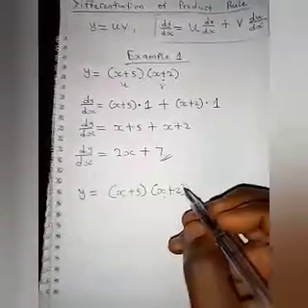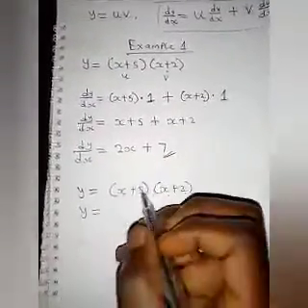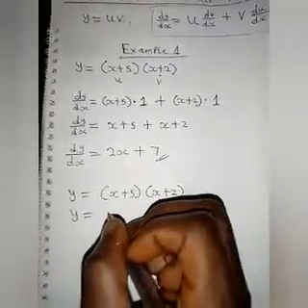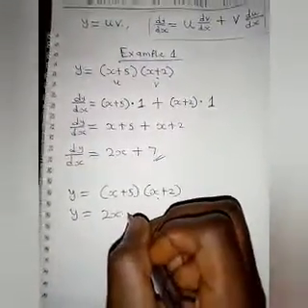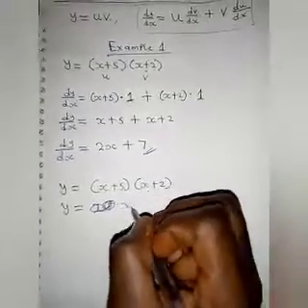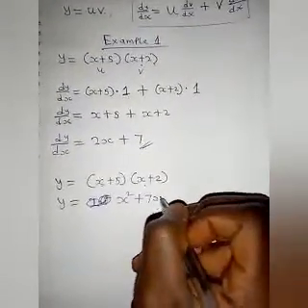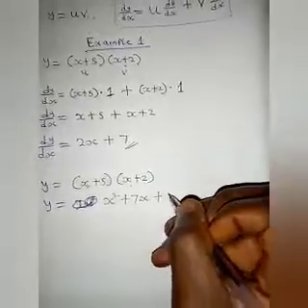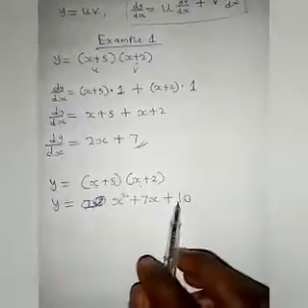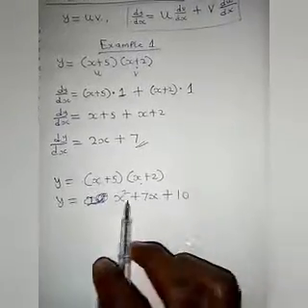What we just need to do is rewrite this by expanding the bracket. When we expand the bracket, we'll be having x² + 7x + 10. So from here, y equals a quadratic expression.